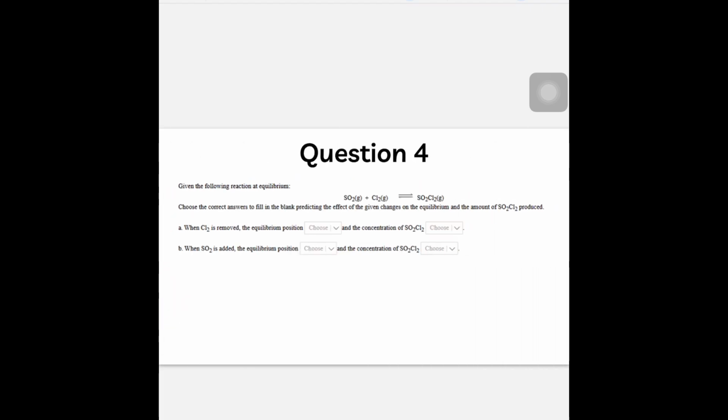Now for question 4, they said choose the correct answer to fill in the blank, predicting the effect of the given changes on the equilibrium and the amount of SO2Cl2 produced. So when Cl2 is removed, I have a decrease in Cl2, and the system will try to increase Cl2 by shifting towards it. So it's going to shift towards the left. So it's going to shift backward.